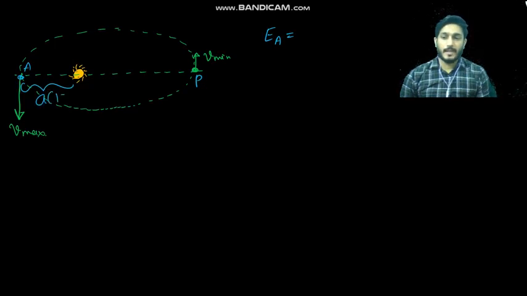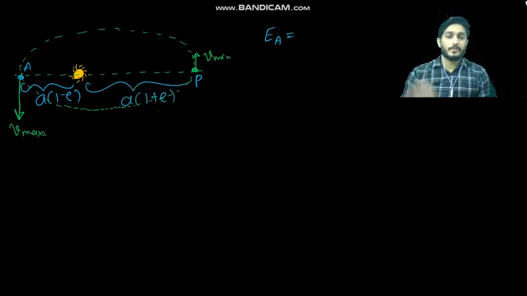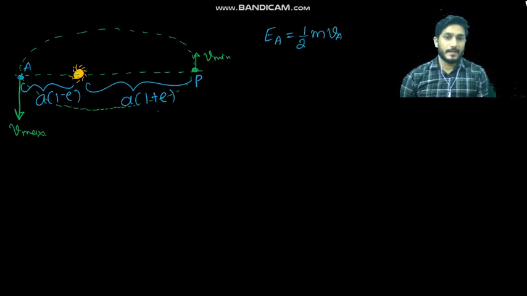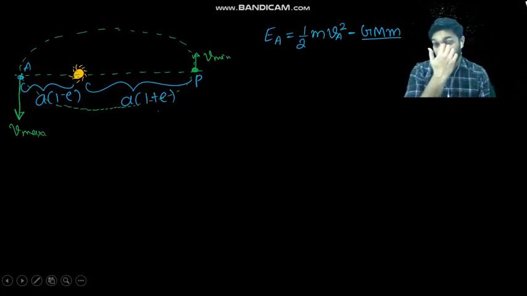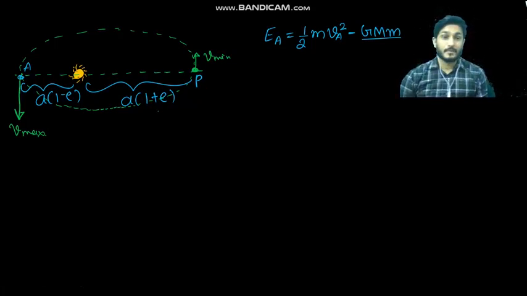It is a into 1 minus e, and this is a into 1 plus e. Now I'm going to write the total mechanical energy at point A. This energy must be the kinetic energy of the planet at point A, as well as the potential energy of the planet and Sun system at that point A, at this separation.